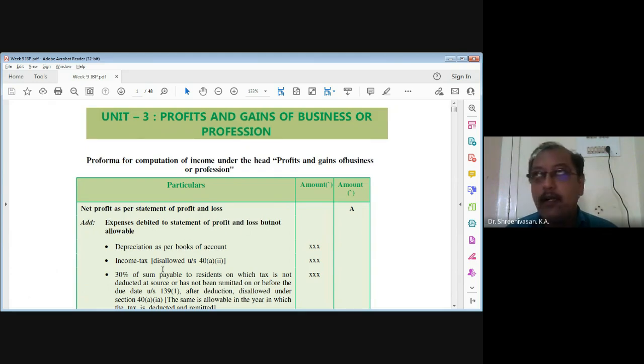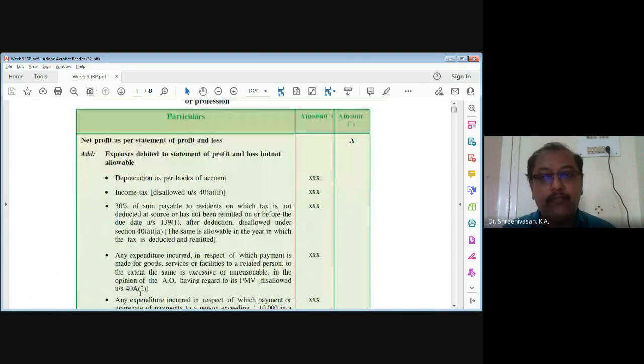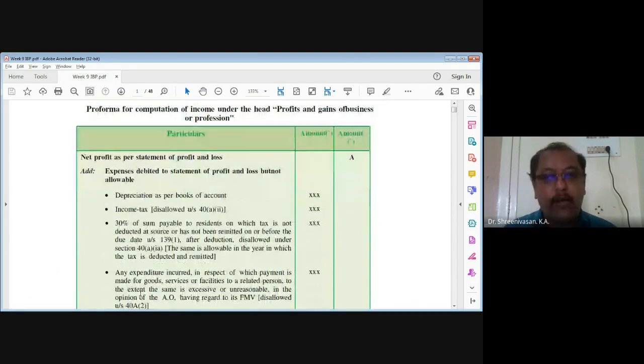Now, in computation of the profits and gains of business or profession, we have to go with a particular format. The pro forma for computation is developed, and that is presented on your screen as of now. We normally go with the financial results of a particular business or a profession.